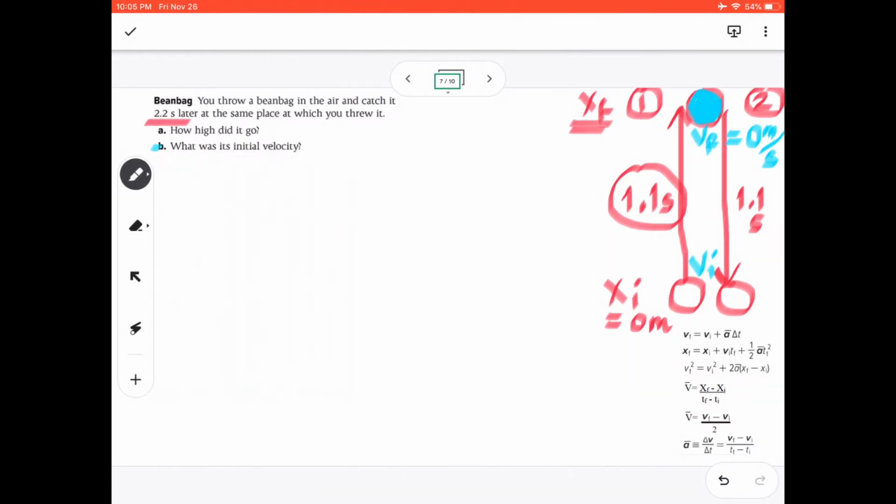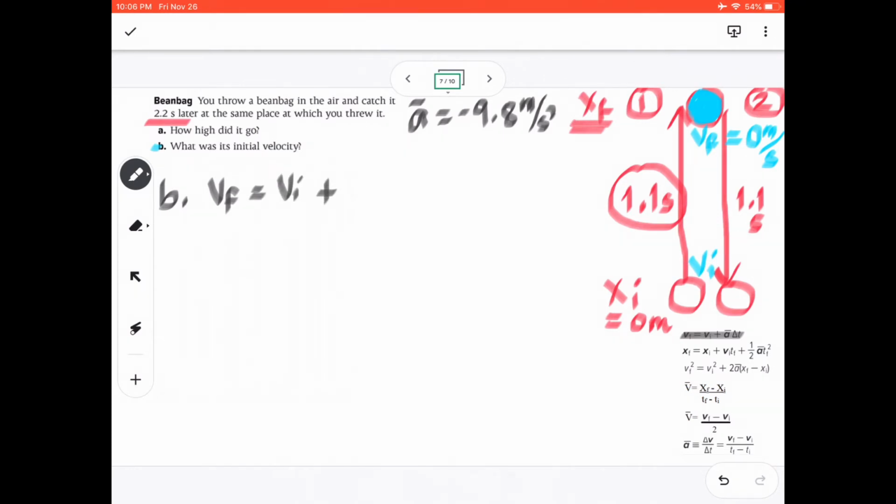VI is unknown, so the formula that we're going to use is VF is equal to VI plus A delta T. Now A, as you know, is always equal to negative 9.8 meters per second squared. So letter B first, we're going to solve that.